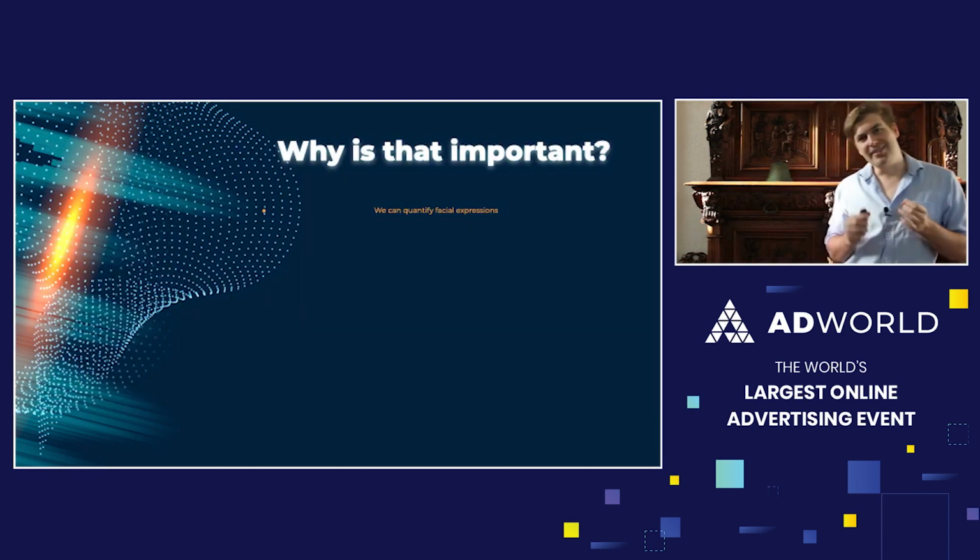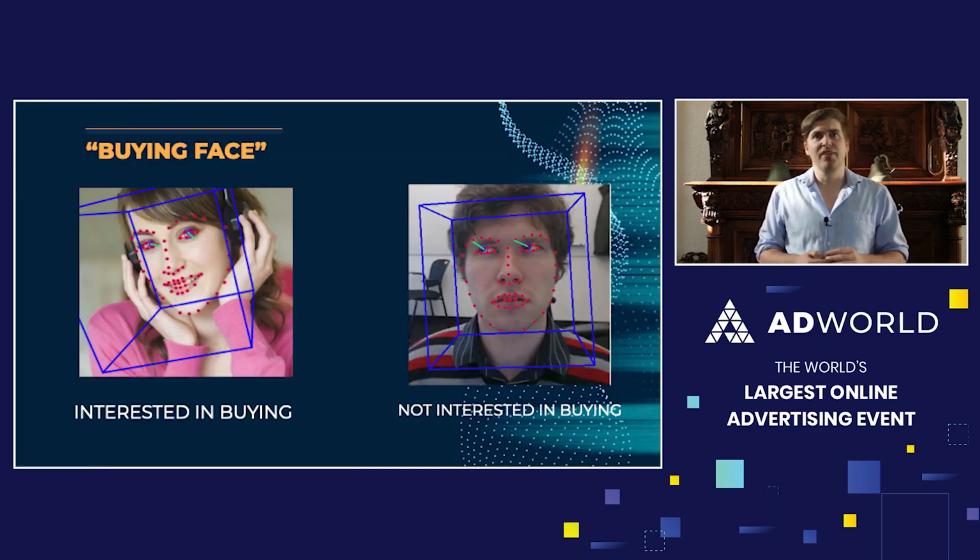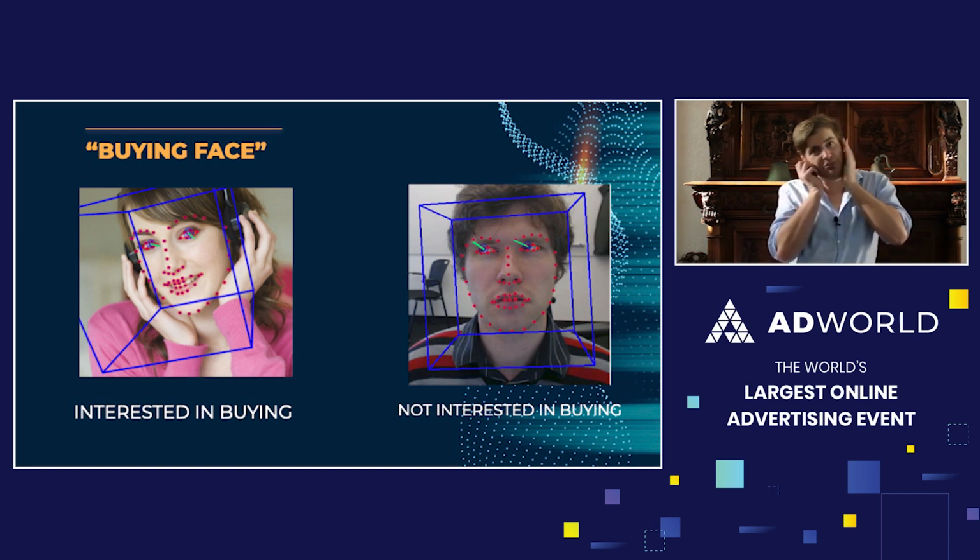Okay, so why is this important? Because if we can quantify facial expressions and map facial expressions to emotions, then we might be able to more accurately judge a person's response to something that we create. So here's an example of something that you could do. Let's pretend there is a woman who, whenever she is in a buying mood, will tilt her head and put her hands up to her face.